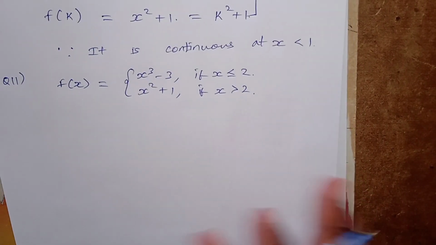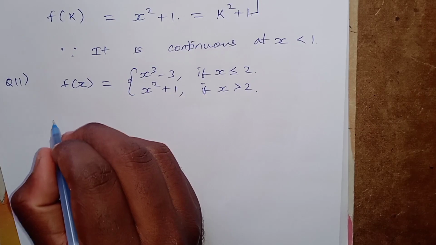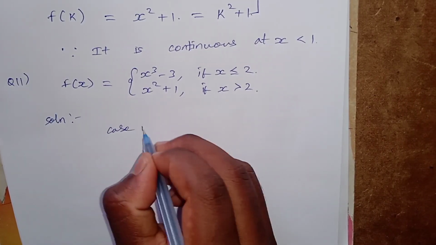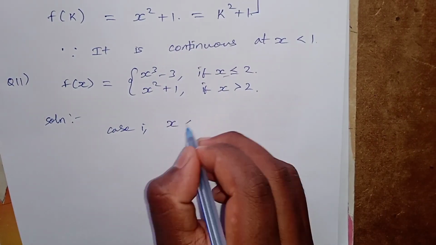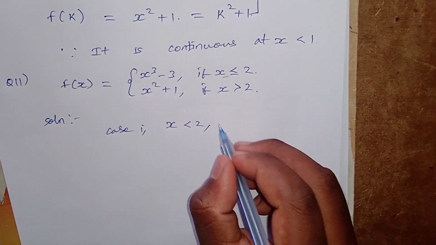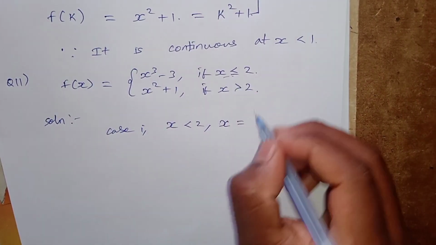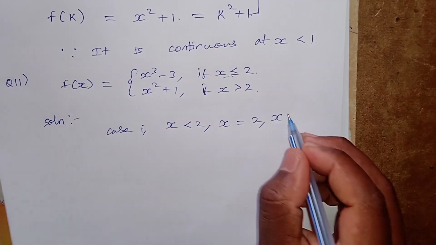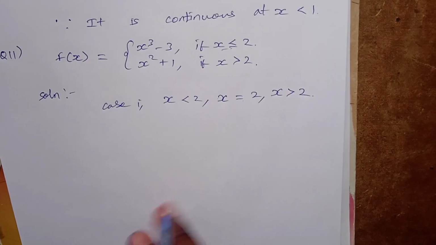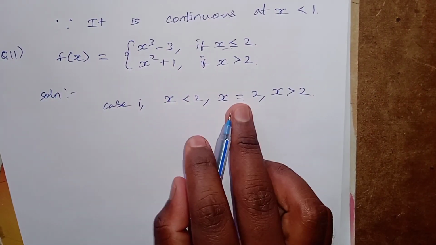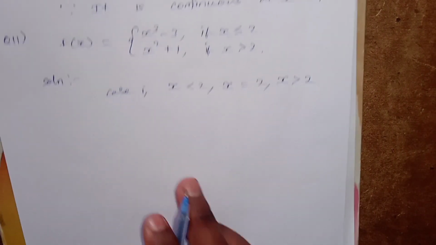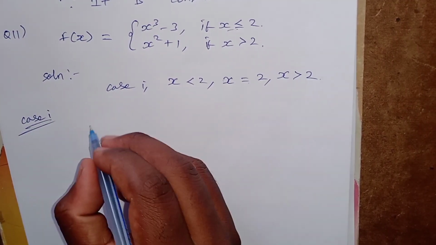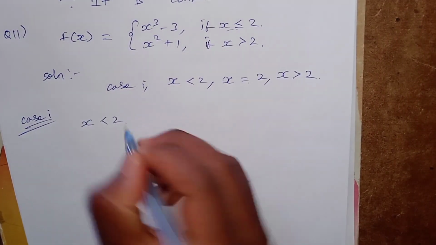Okay, in this case you have to check case 1, x less than 2. Next, at point x is equal to 2. Next, x greater than 2. You have to satisfy these three conditions. Now case number 1, here x less than 2.